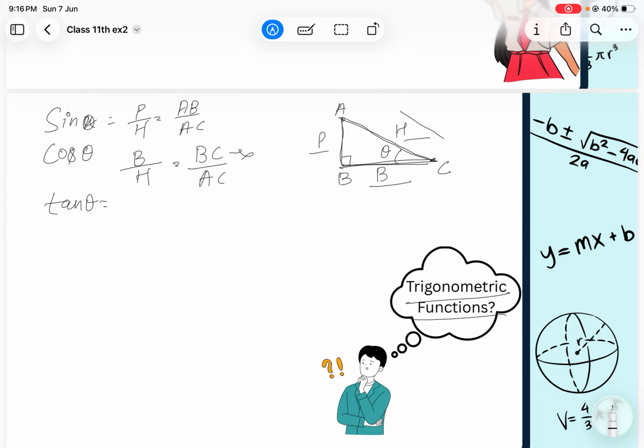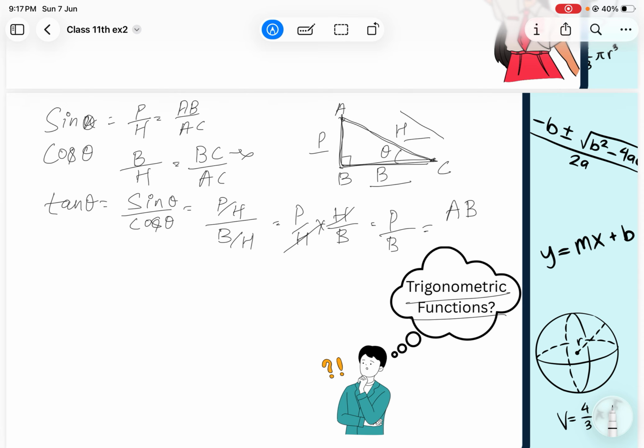Tan theta is sine by cos theta. So if we take sine p by h and then b by h, we can write p by h into h by b. H cancels, that is equal to p by b, that is AB by BC.